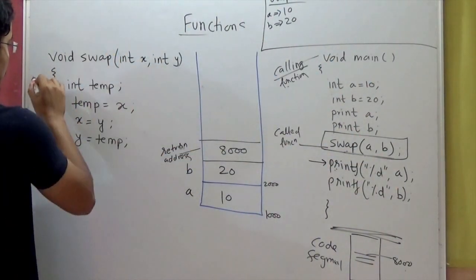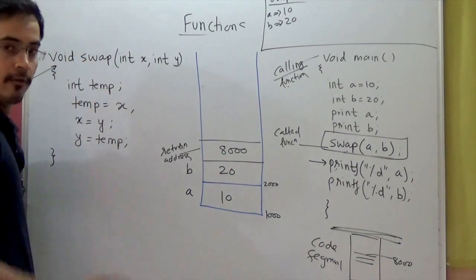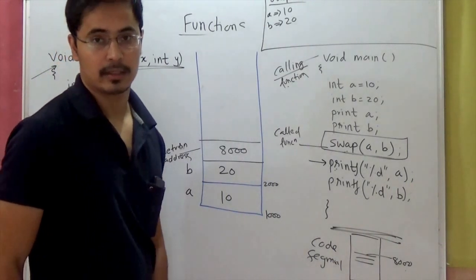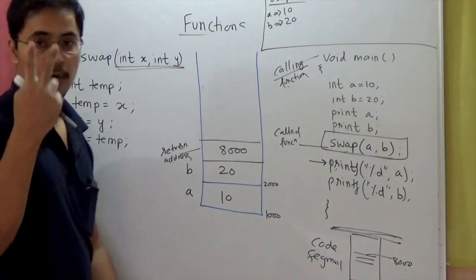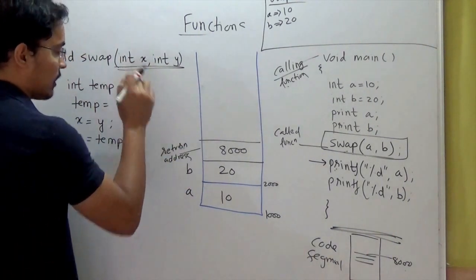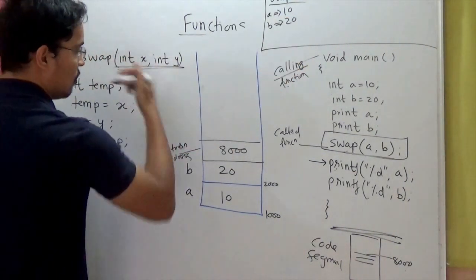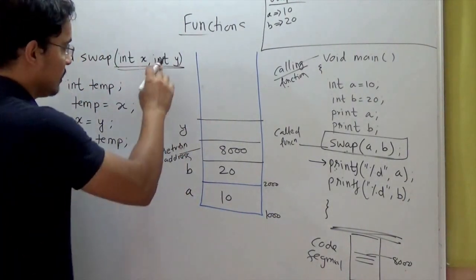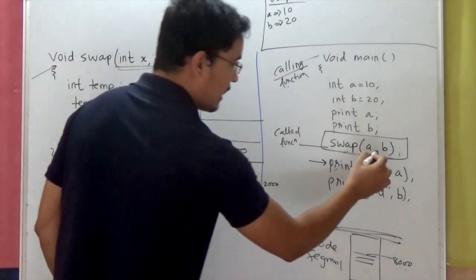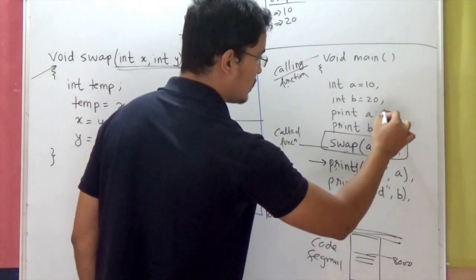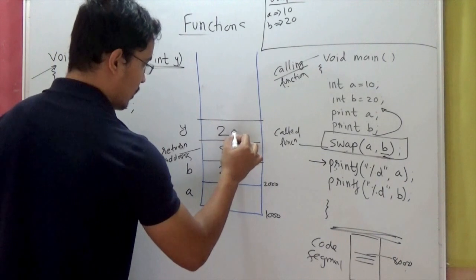So function execution comes here. First thing it has to do is look at the function parameters. The swap function requires two parameters of type integer, right? So it will create them in the order right to left. So first y will be created on the stack. y has been assigned the value in the call, b. b's value is 20, so y value will be 20.